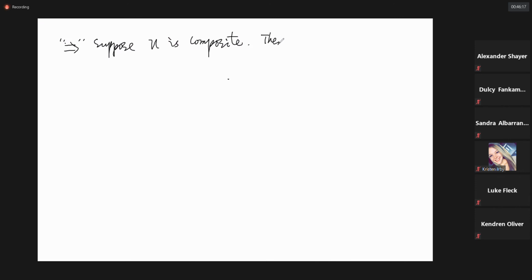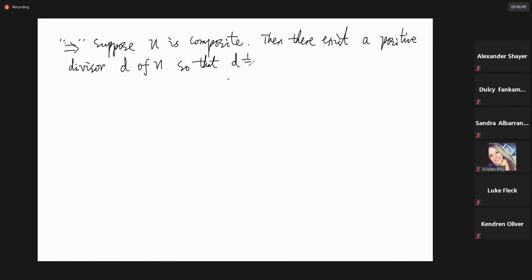Then there exists a positive divisor d of n, so that d is not equal to 1 and d is not equal to n.